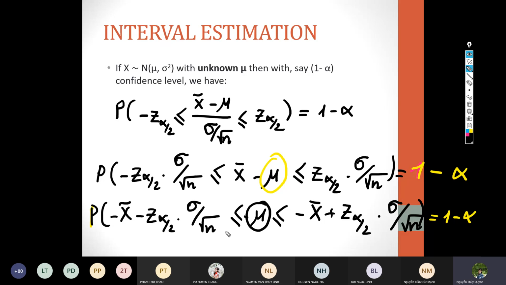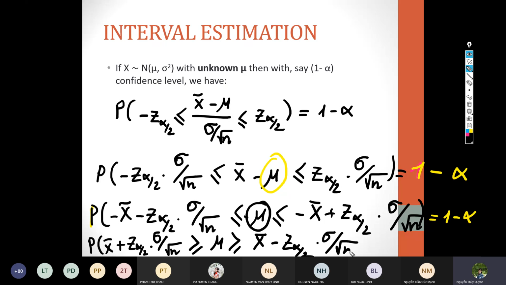We have the probability that x bar plus z alpha divided by 2 multiplied by sigma divided by square root of n is greater or equal to mu, which is greater or equal to x bar minus z alpha divided by 2 multiplied by sigma divided by square root of n. This probability is also equal to 1 minus alpha.